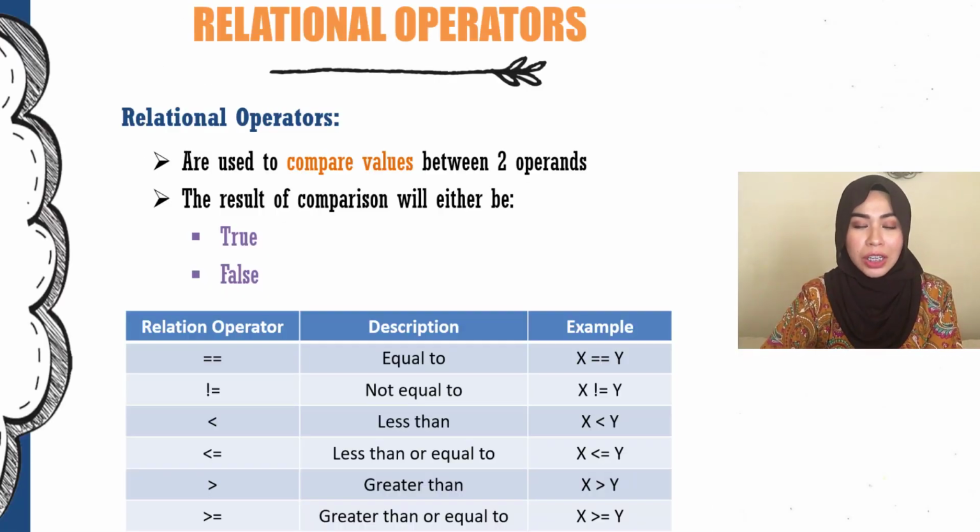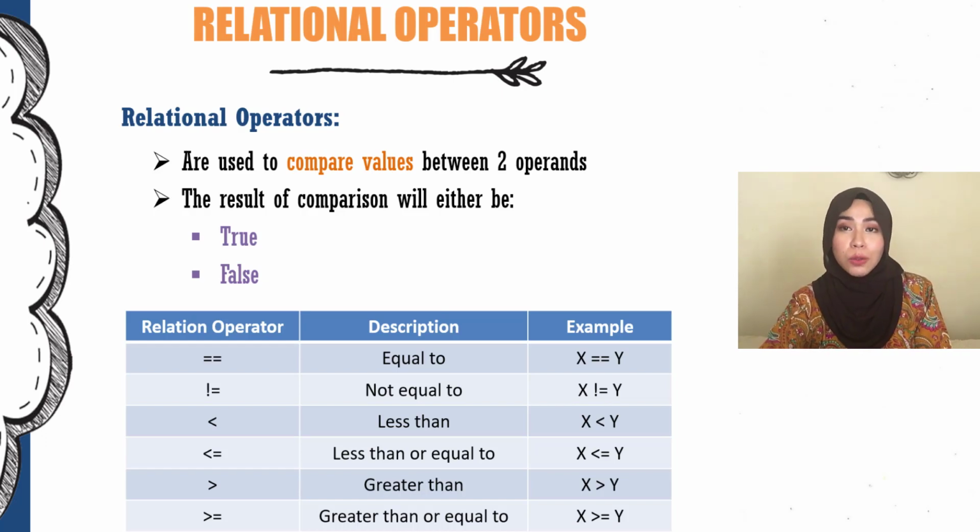Alright, so like I've mentioned earlier, when we have selection, we have a question that we want to ask. So the question is actually a condition. When we have a condition, or a question, we need to compare values between two operands. So the result of comparison will either be true or false. Without these operators, you cannot make a question. It is not possible.